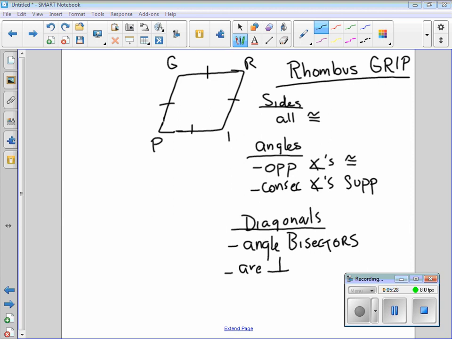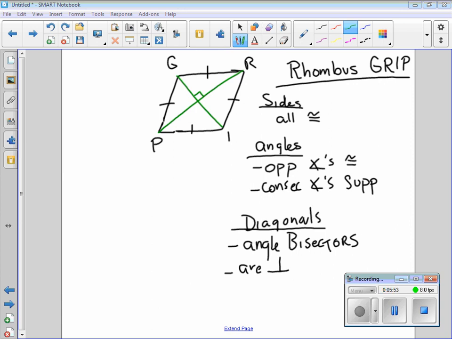Diagonals, now these are new because of the sides being congruent. All of them being congruent, the diagonals create some special characteristics under a rhombus, and that is they're angle bisectors and they're perpendicular. So if I draw in those diagonals, first of all, they're perpendicular, so they form right angles. Immediately, I start thinking unit 7.